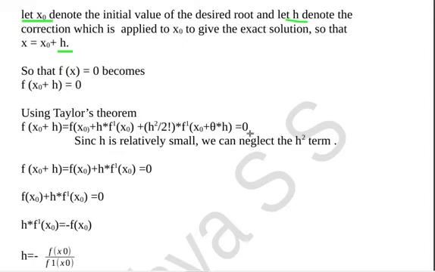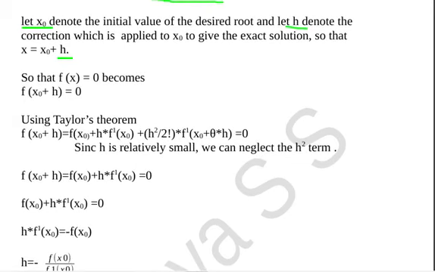Here, comparing with the others, the h term is very small, so we can neglect the h square terms from this equation. By removing the h square terms, we get f of x0 plus h into f dash x0, which is equal to 0.